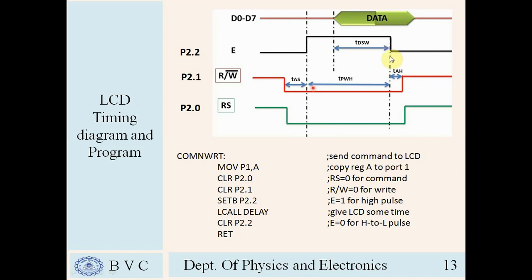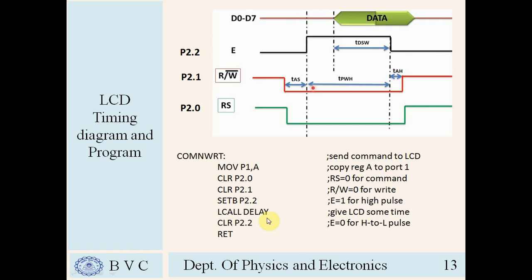After that, make the enable pin high. Then, with some time delay, you make the same pin equal to 0. So set the pin and then clear the pin. Just like setb P2.2 is used to set that particular pin, because in this program P2.2 is connected to the enable pin.